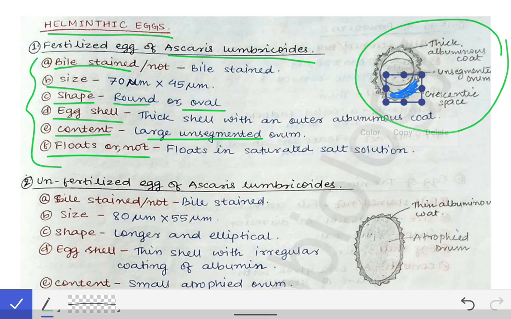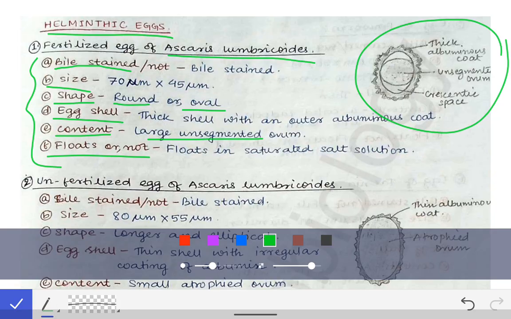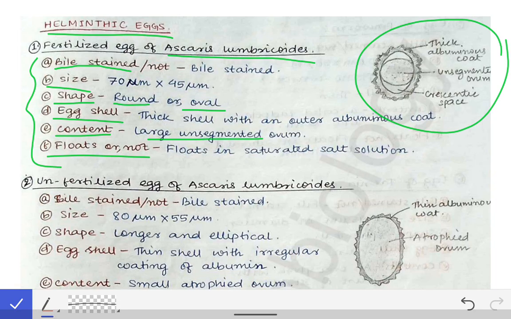Then examiners may ask you, what is the one single most important point by which you will identify the fertilized egg of the Ascaris lumbricoides? Then you have to answer the crescentic space, on both the poles of the fertilized egg. See here, there is a crescentic space here at one pole, and then there is a crescentic space here at the other pole also.